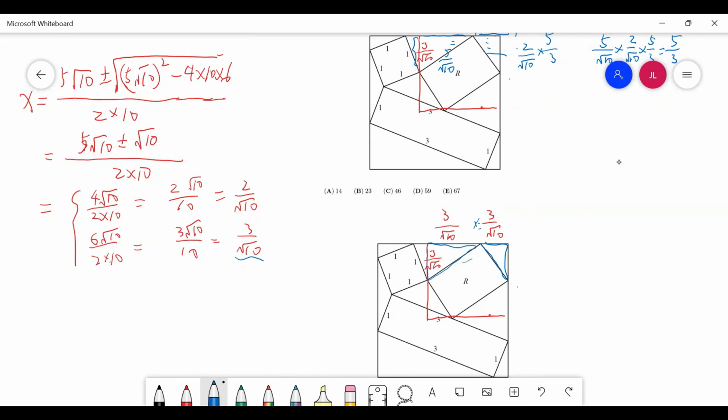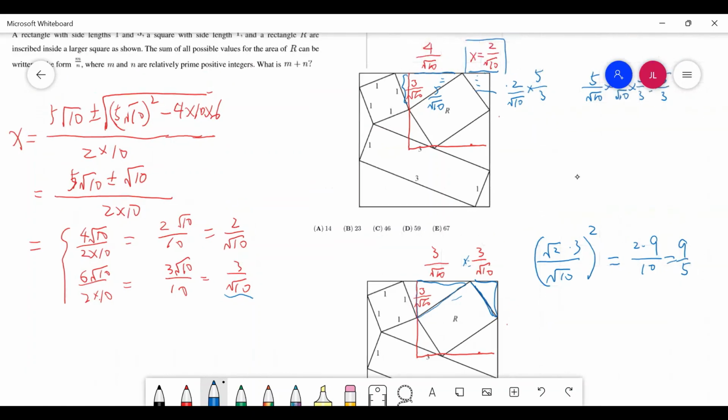So then this side will be square root 2 times 3 over square root 10. Similar is this side. So the area of R is just this squared, which equal to 2 times 9 over 10, and simplify, which is 9 over 5.